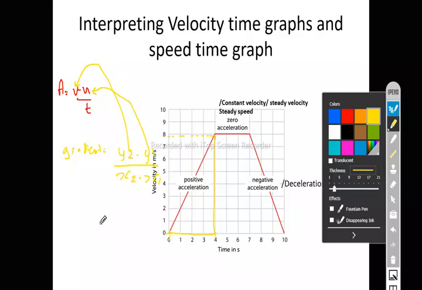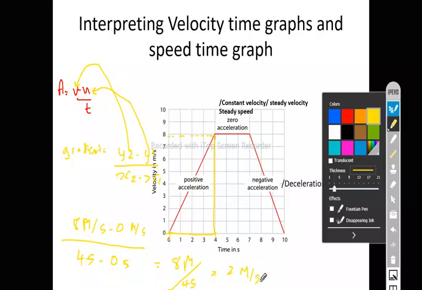So where do I get them? 8 subtract 0. Let me put in the units. 8 meters per second subtracted from 0 meters per second, all over 4 seconds minus 0 seconds. So we end up with 8 meters per second over 4 seconds, which is 2.